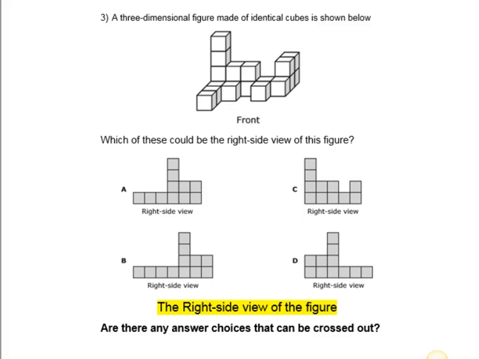Again, that bottom row, there are six cubes. The next row, there are 3 cubes, and then there's 1 cube for the third row and 1 cube for the fourth row.